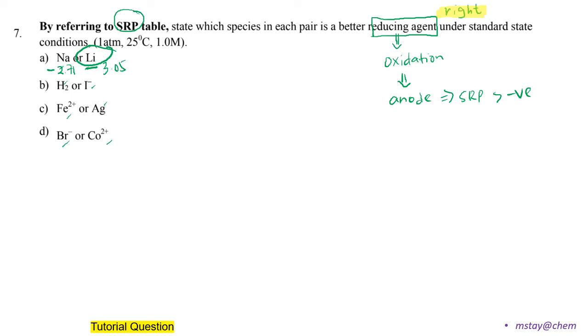Hydrogen is 0, and I negative is 0.53, so hydrogen is more negative. Fe2+ is positive 0.77, Ag is positive 0.80, so Fe2+ will be the better reducing agent. Br negative is positive 1.07 and cobalt 2+ is 1.82, so Br negative is more electronegative.